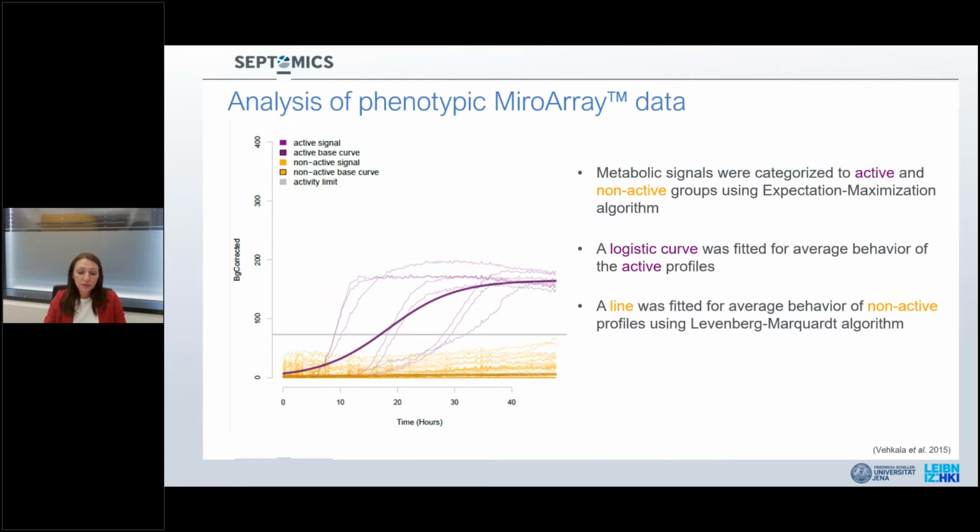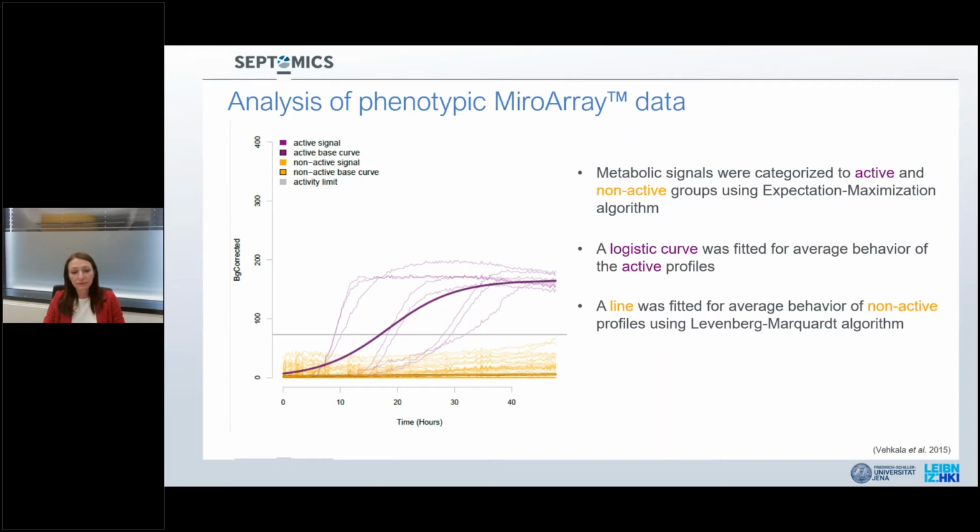For each growth signal, we categorized it as active, where the data fitted a logistic curve, representative of active growth, and non-active, where a line without exponential growth phase characteristics was interpreted as non-active growth. Potential growth is identified if not all replicates used for the data analysis showed the same result.